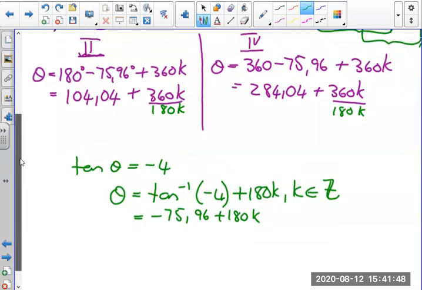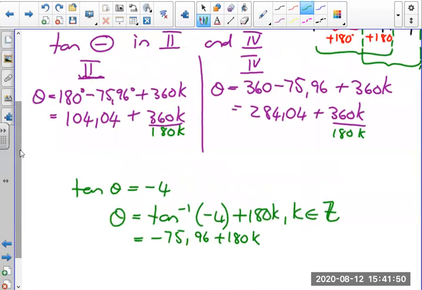Because I'm going to show you now. Take your calculators. Take -75,96 and add 180, please. What do you get? 104.04. Can you see?